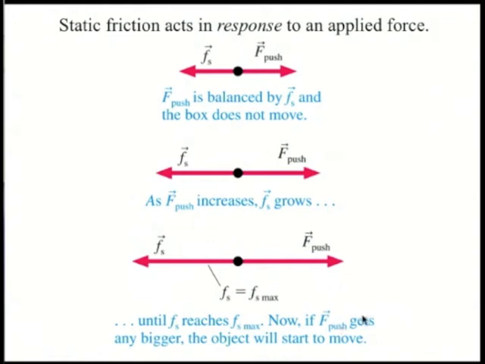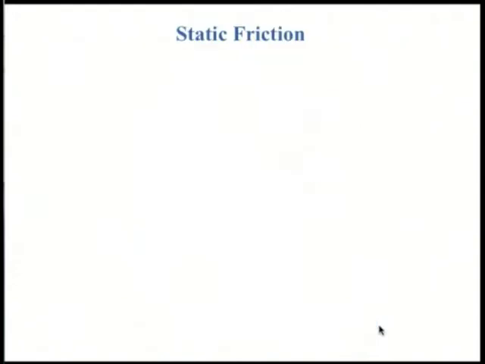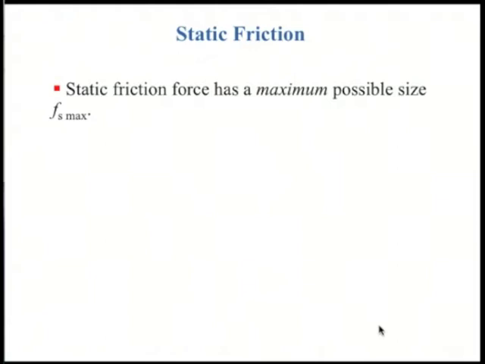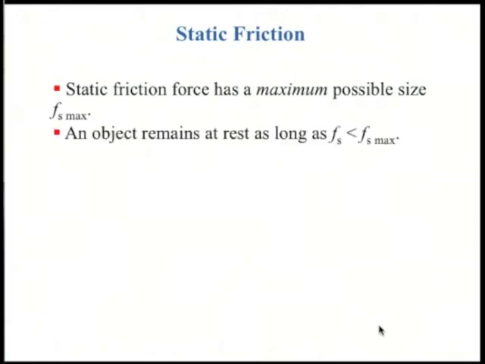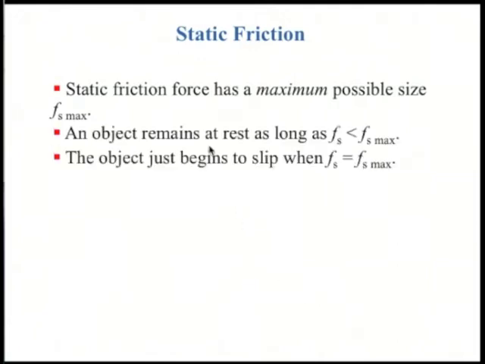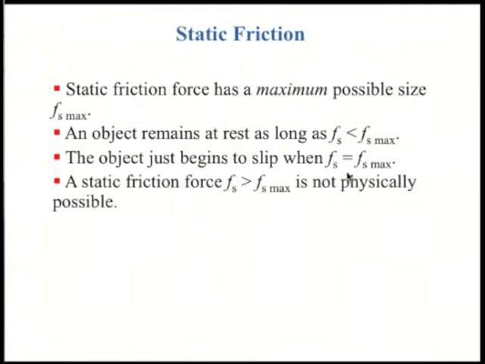If the pushing force gets any bigger, the object will start to move. So static friction has a maximum possible size, and an object will remain at rest as long as the static friction force is less than F sub s max. It will just begin to slip when F sub s is equal to F sub s max, and a static friction force greater than F sub s max is not physically possible.